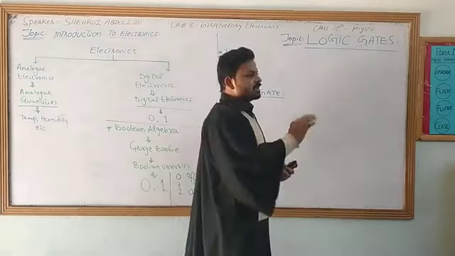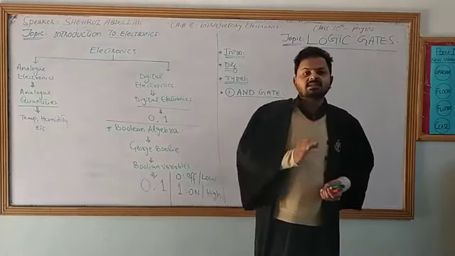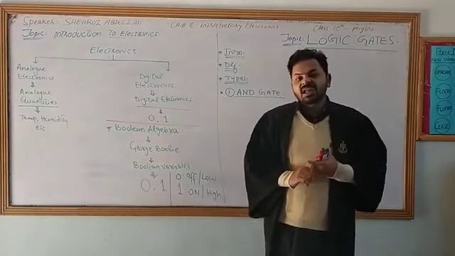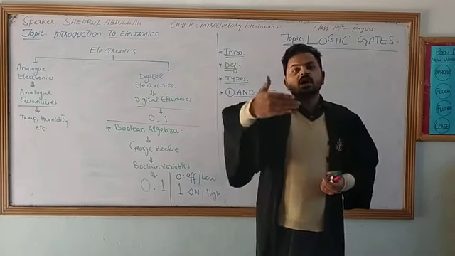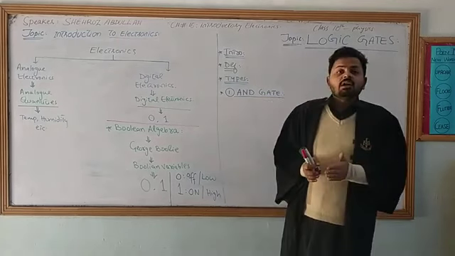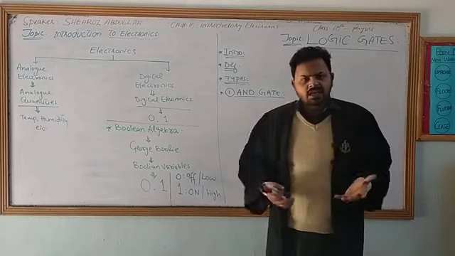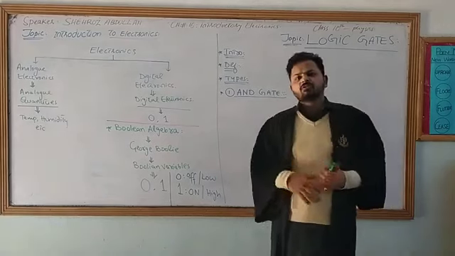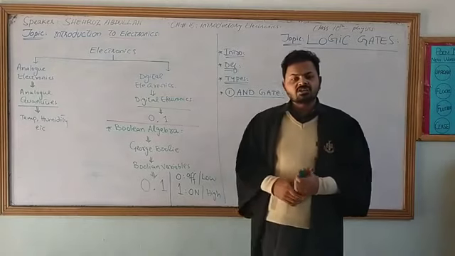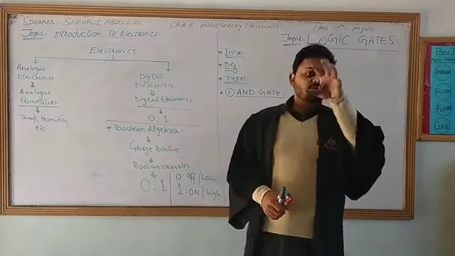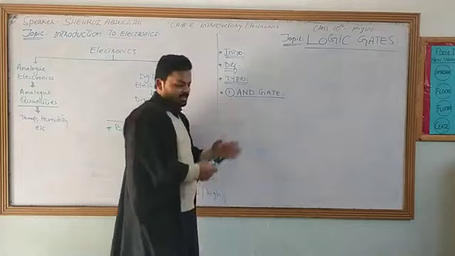Now, what are logic gates? Logic gates are electronic circuits which operate on logical operations. Now, what are logical operations? These operations can be addition, multiplication, or any other. We have different classes or types of logic gates. The first type of logic gate is the AND gate.